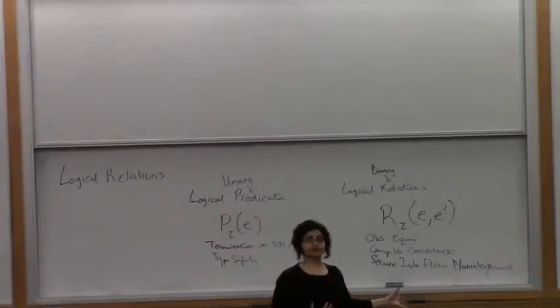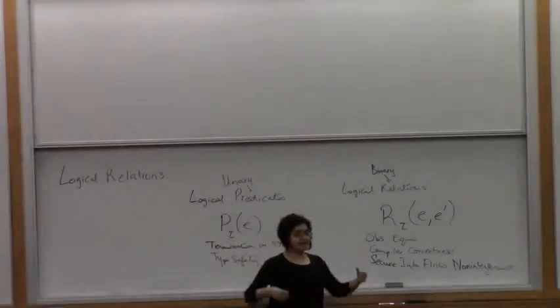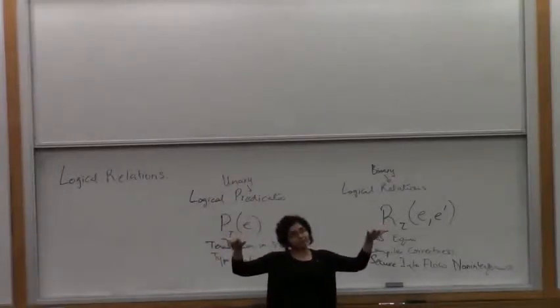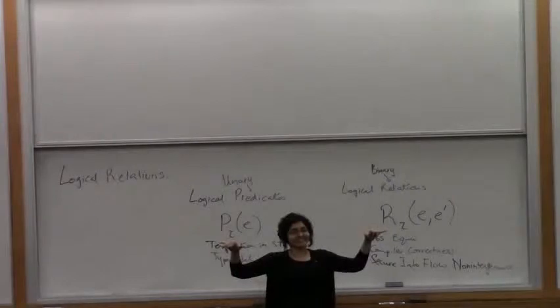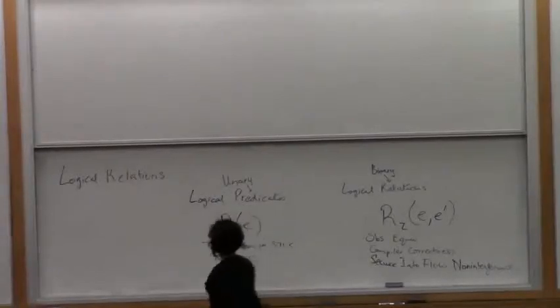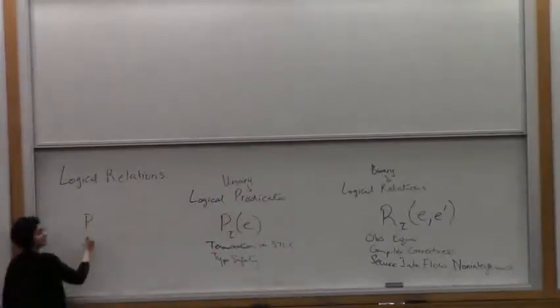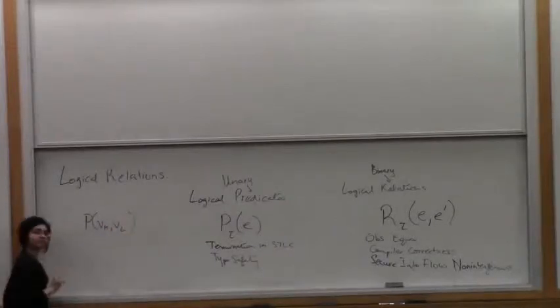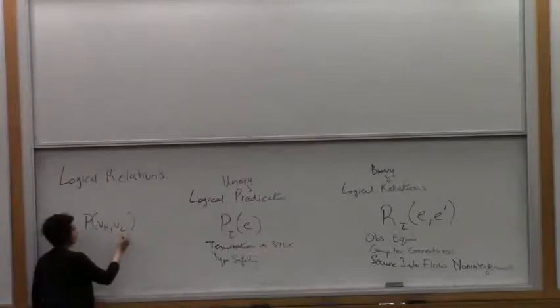Basically, the non-interference theorem says the following. Let's say you have a program P, and it takes a high security input and a low security input.